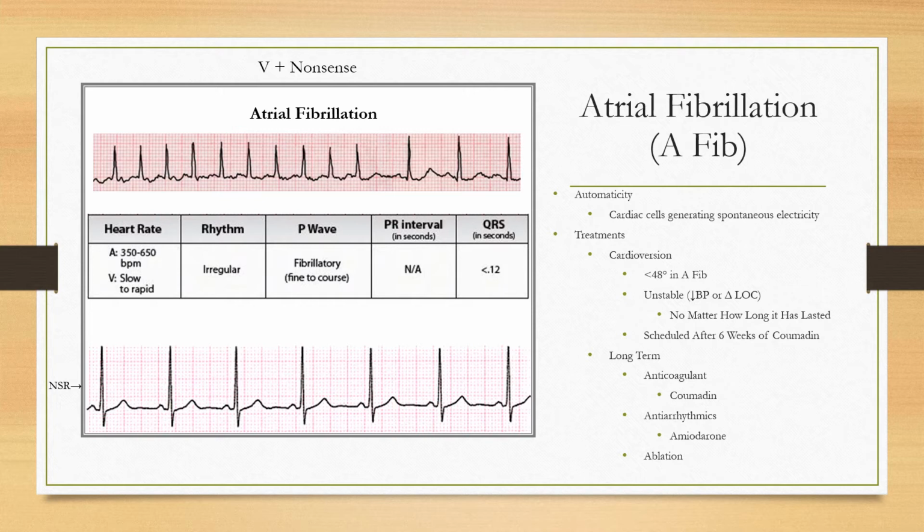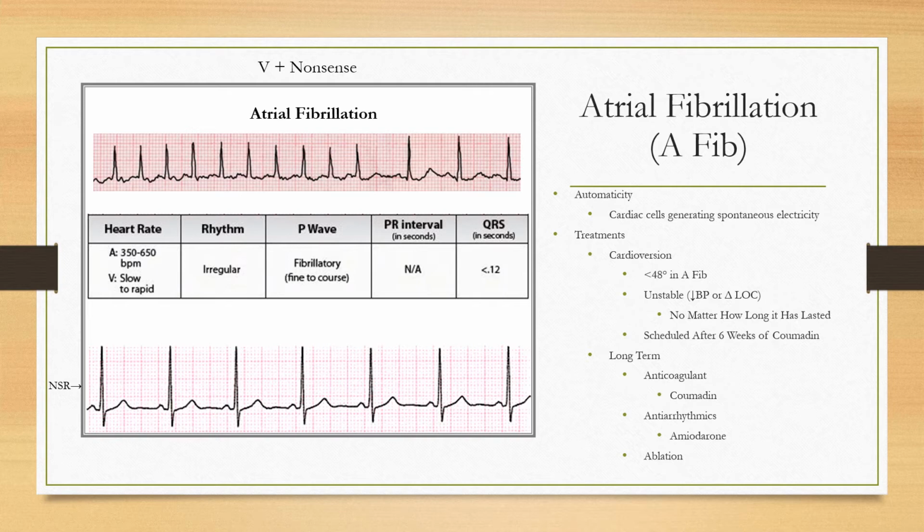Now, in terms of if they come in with atrial fibrillation and they're beating really fast, say a heart rate of 180, and they're unstable with low blood pressure or chest pain or decreased level of consciousness, any time that someone has a rhythm that's causing them to be unstable in terms of vital signs or decreased level of consciousness, we just go right to electricity.